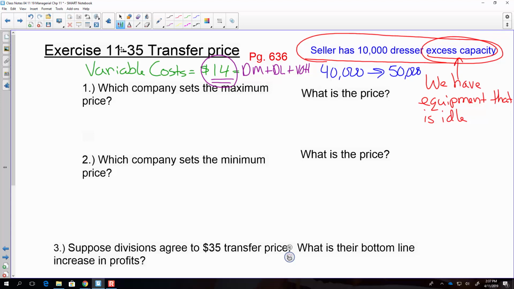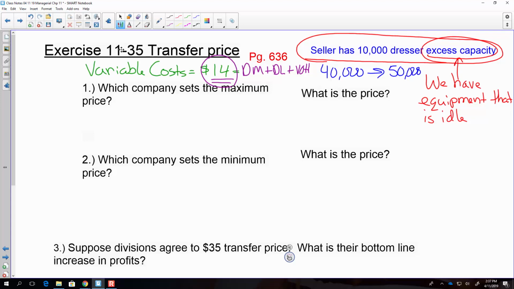What is missing is the fixed overhead, right? So that is not relevant because that fixed cost, whether I make the 10,000 or don't make the 10,000 for the buyer, has no change on my cost. So fixed overhead is ignored in this particular case.